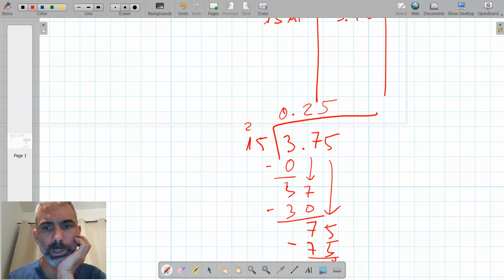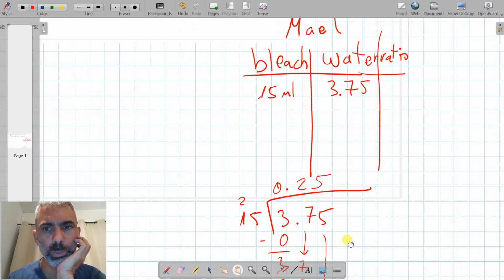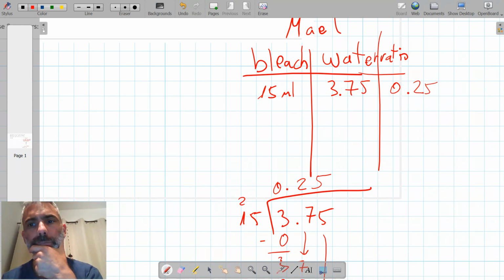So no remainder, so 0.25. So Mael uses 0.25 liters of water per milliliter of bleach.